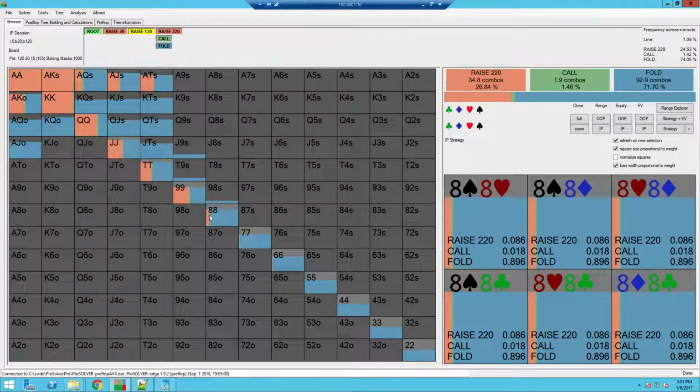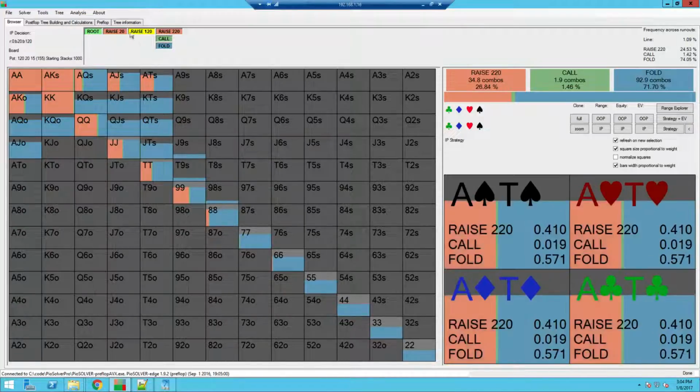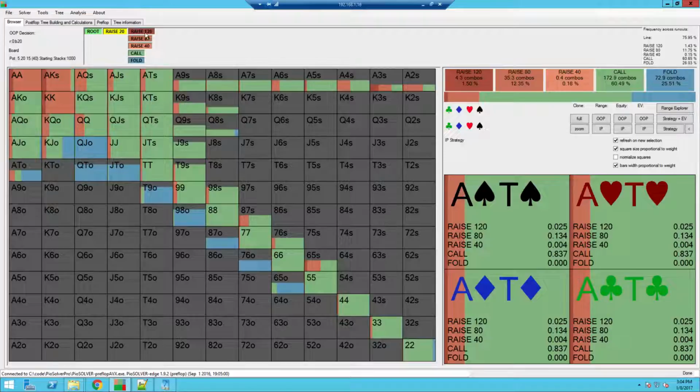I definitely think a sizing of 2 is more common, where they might have a min or a bet plus 50, bet plus 60. That's what the 80 is, and then they have the 120 cap. I think this analysis is really oriented towards an equilibrium solution where three raising amounts are distinct possibilities.